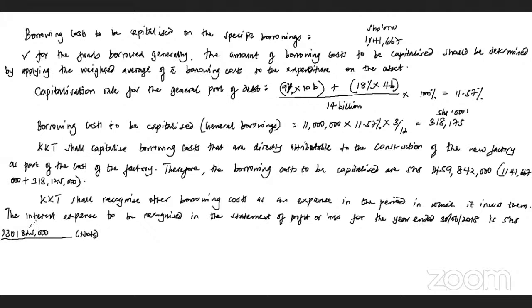Of course, you can also talk about the amount that will appear in the statement of financial position in respect of this new factory. Of course, we have the cost that was incurred, that is the 25 billions, but you also have to add the borrowing costs capitalized.